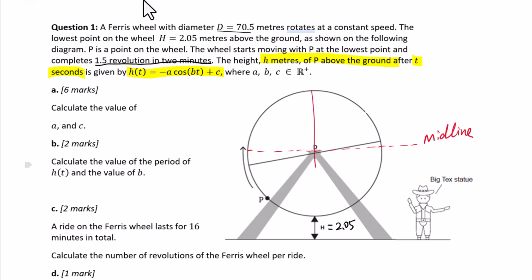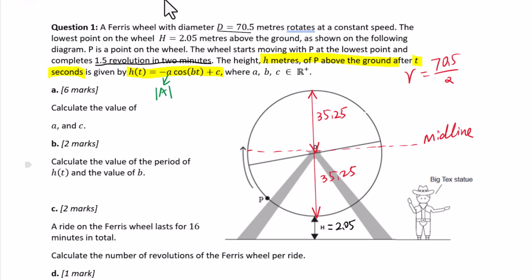According to the given information, diameter is 70.5. So radius equals 70.5 over 2, 35.25.